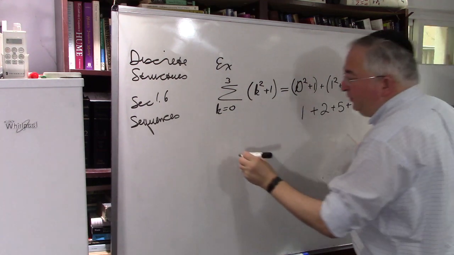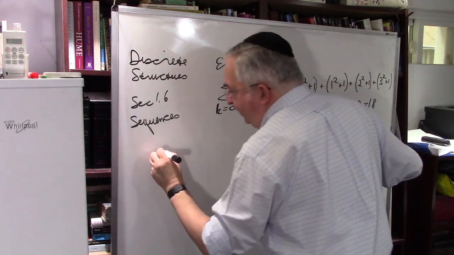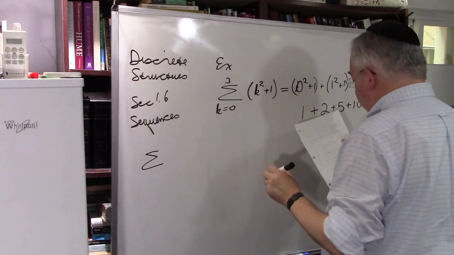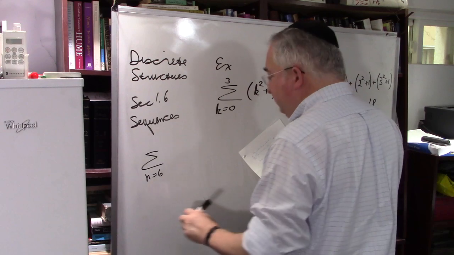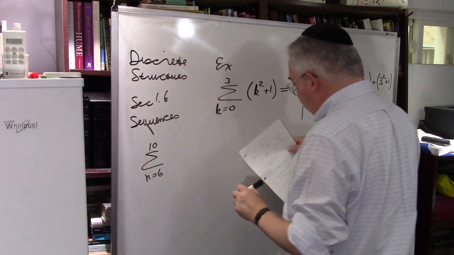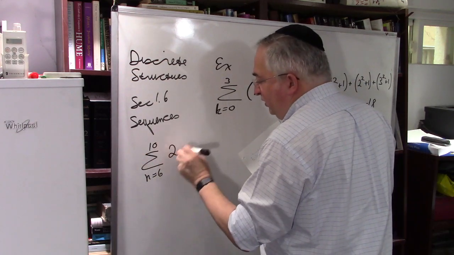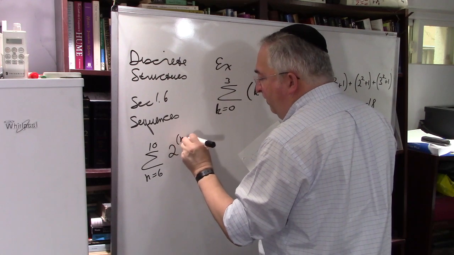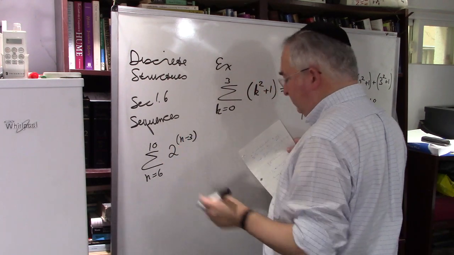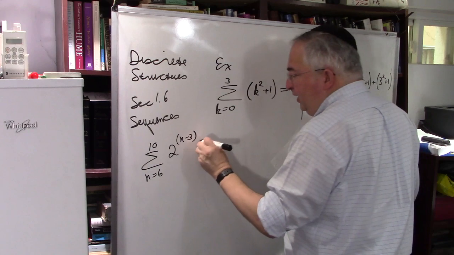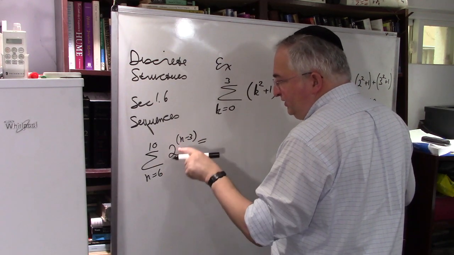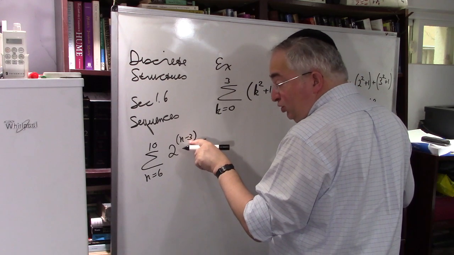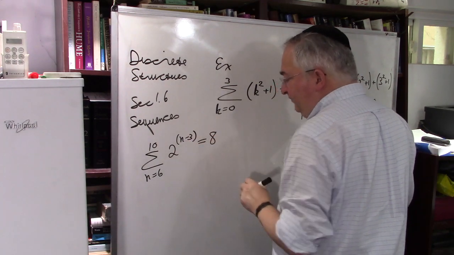Okay, let's do another one. We'll start over here because we're going to need a little room over here. So this is n equals 6, start at 6, end at 10, and do this, 2 to the n minus 3. Made this up. So let's start at 6, 6 minus 3 is 3, 2 to the third is 8.